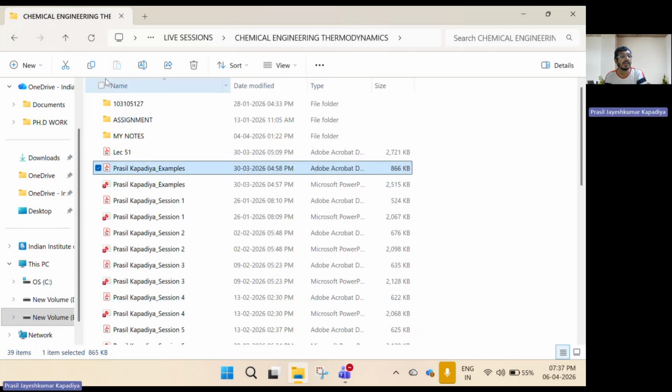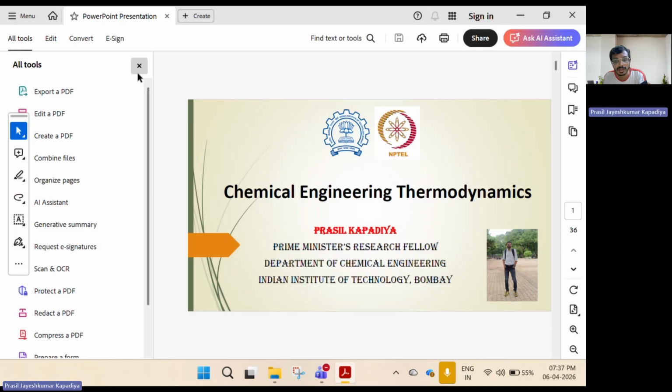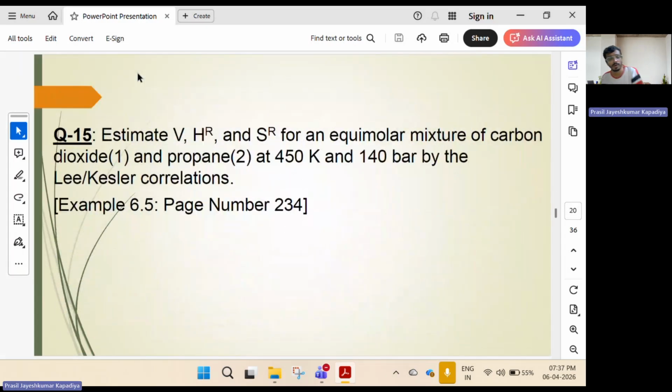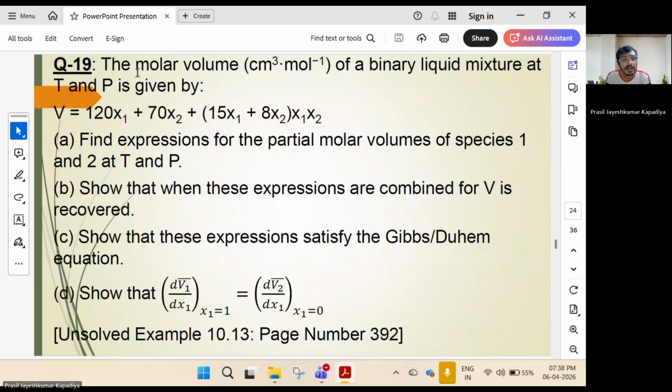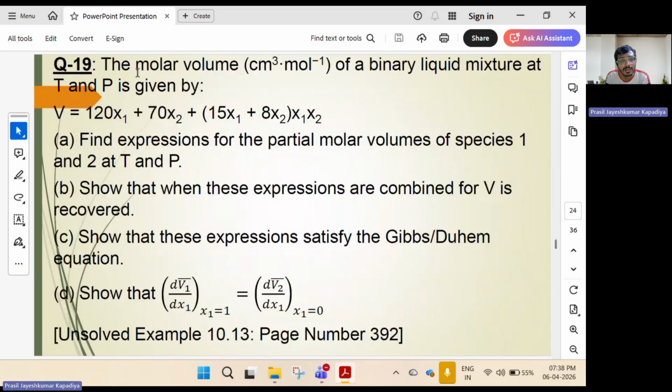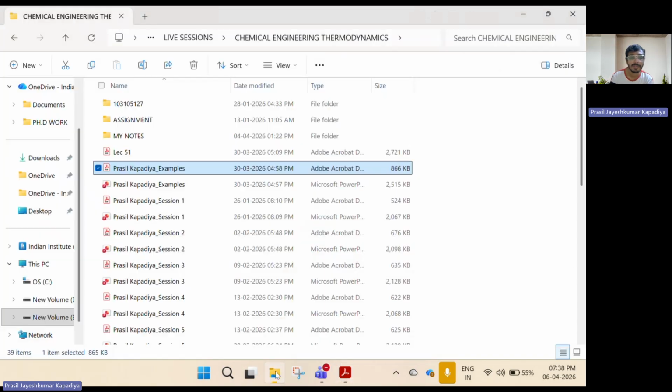This we had in the last class, we had seen some problems till here, and this problem is remaining. So let's try to solve this problem.